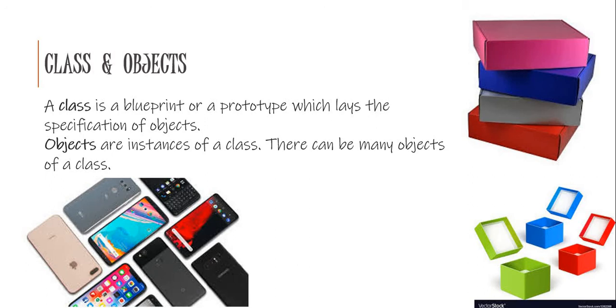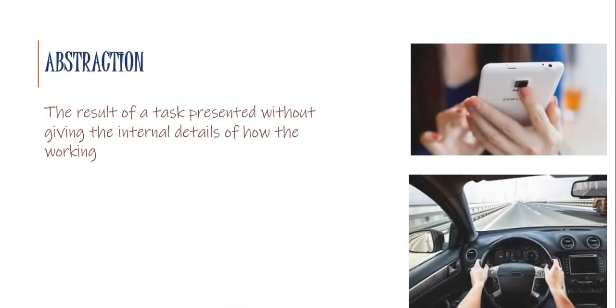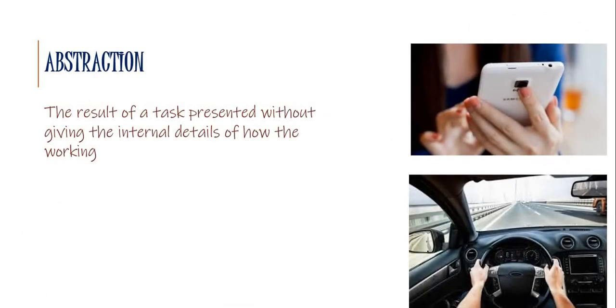Then we come to the next concept. That concept is called abstraction. This abstraction concept puts light on the fact that the result of a task is presented without the internal details of the working. That means when an object is provided, the object has one application mode and the internal details are inside.